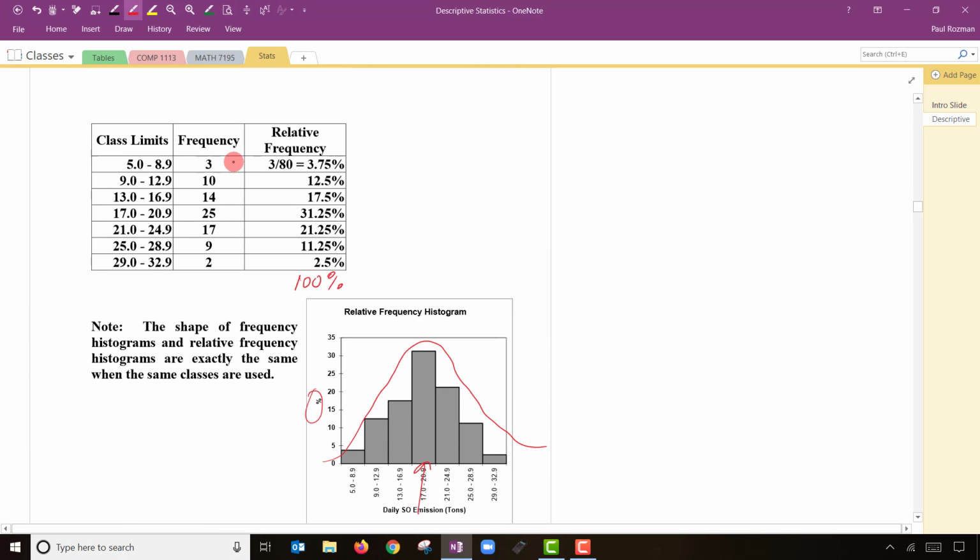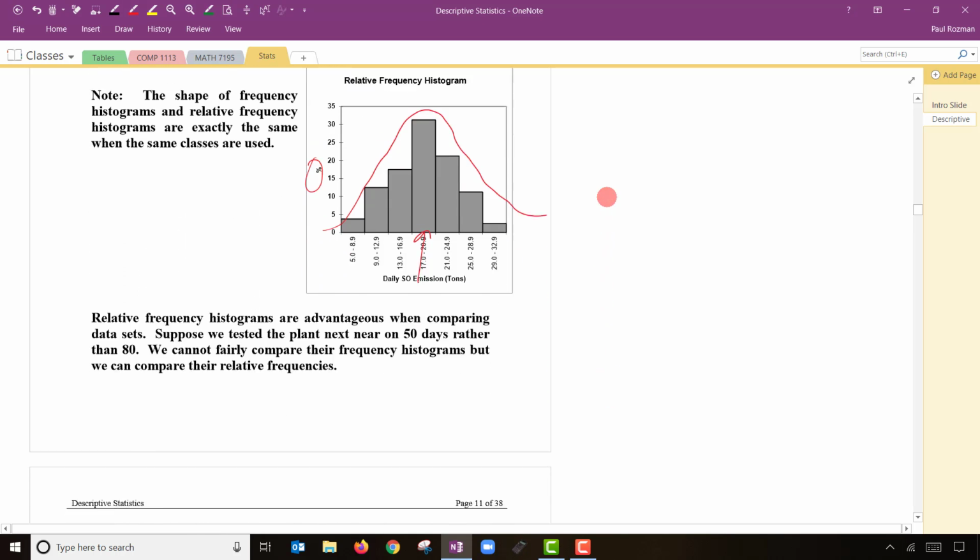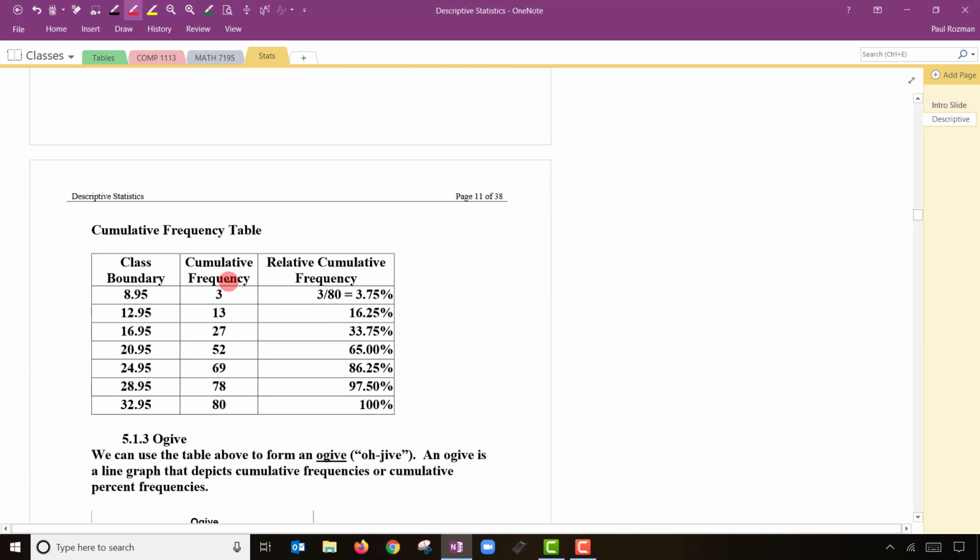The first category has 3. Then in the second category, it's 10 plus the previous 3, which is 13. And then the next one would be 14 plus the previous 13, which is 27. And you just keep doing that until we hit the last category, which would have a cumulative total of 80. And that's what I did in this chart here.